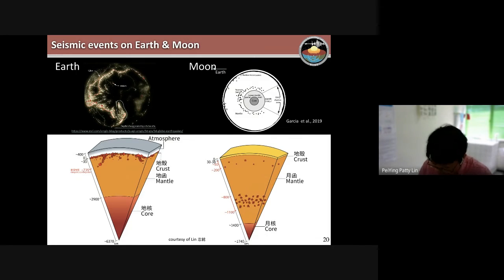But for the deep moonquakes, they are really deep. They are deeper than half of the lunar radius. And the interesting thing is that several of them actually have very similar waveforms. I will show you later, no worry. They usually happen in a close area, like the cartoon plot shows here.